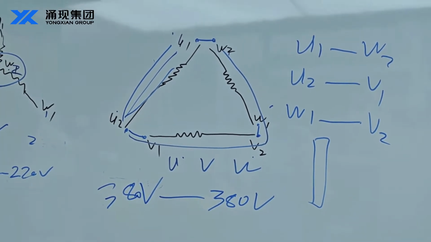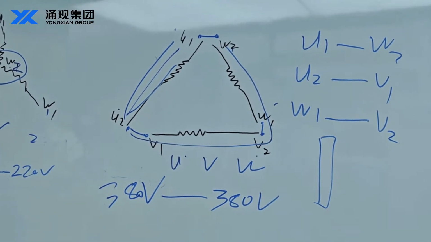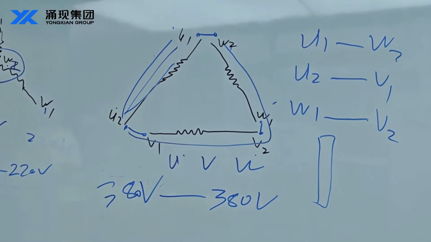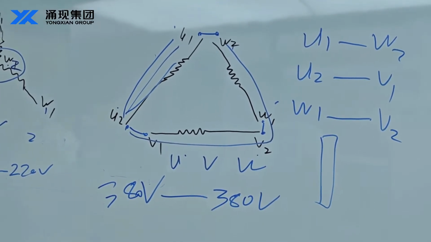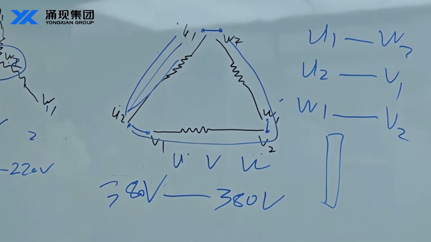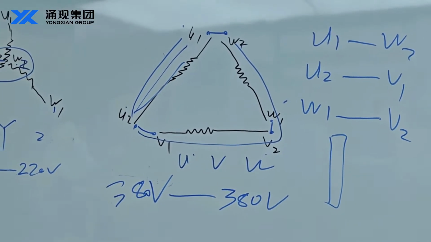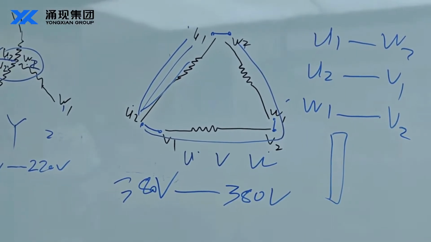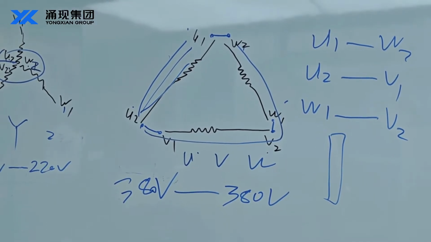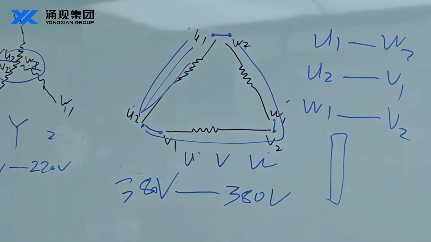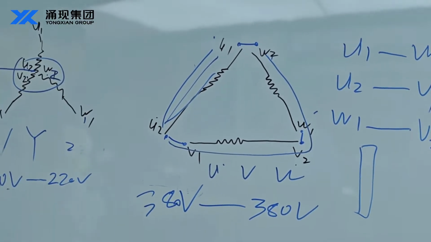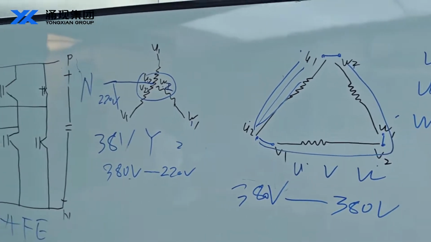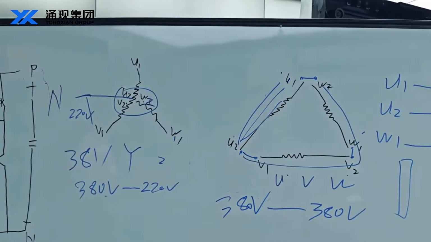The line current is 1.732 times, the square root of 3 times, the phase current. It has high starting torque, since each phase winding directly bears 380 volts, resulting in high output power. The same traction machine can deliver approximately 1.5 times greater power in delta configuration than in star configuration. The rated power of the traction machine is typically specified for delta connection output.